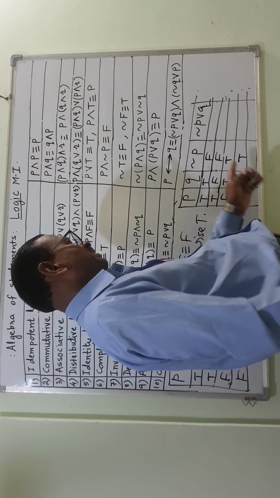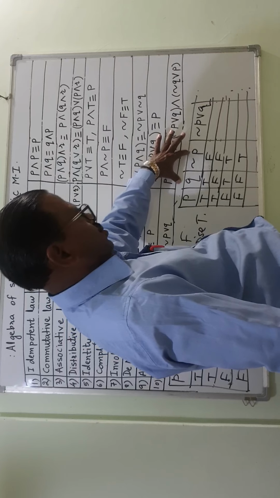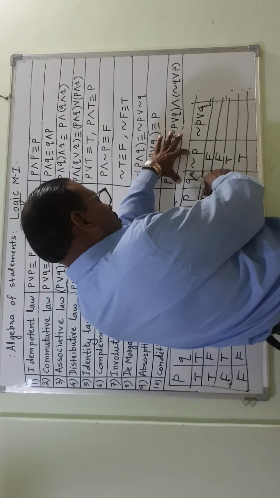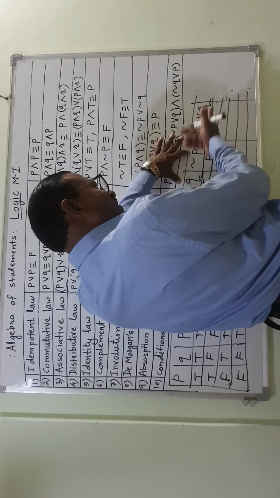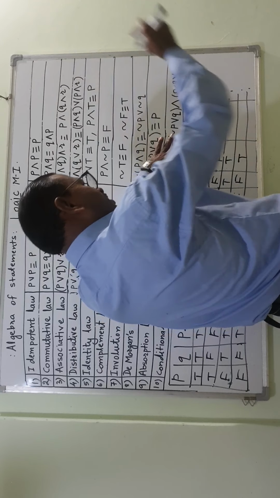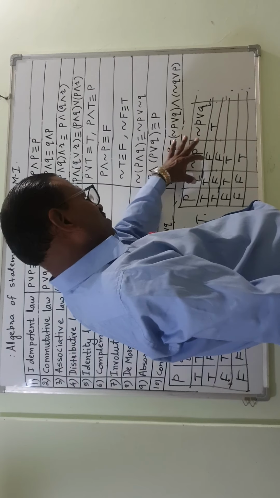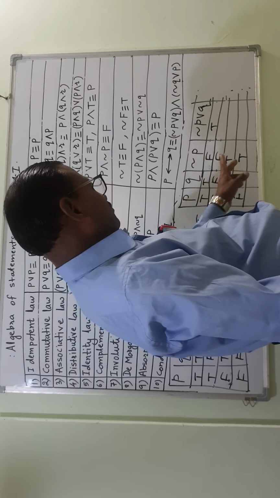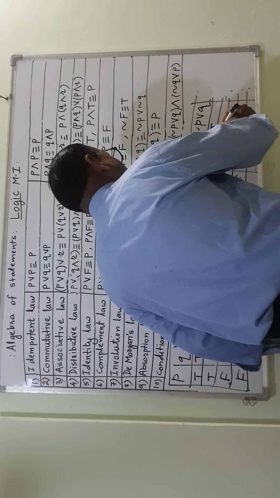And now I will make their OR of these two. OR means parallel. True, false, they are in parallel. From the two circuits current will flow through. For this, both are false, so this is false.